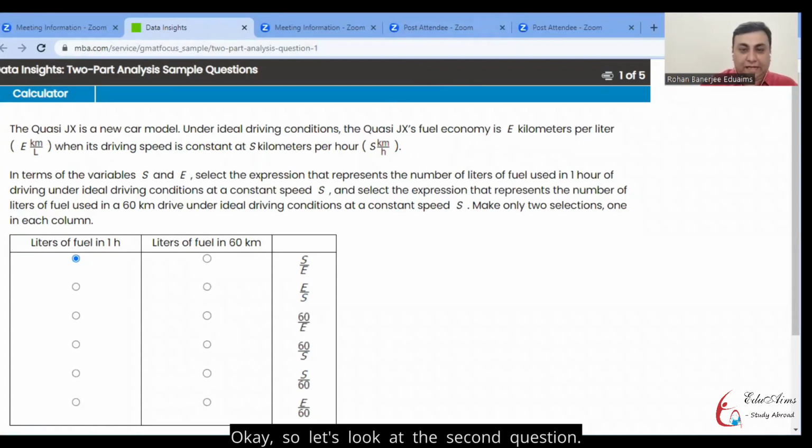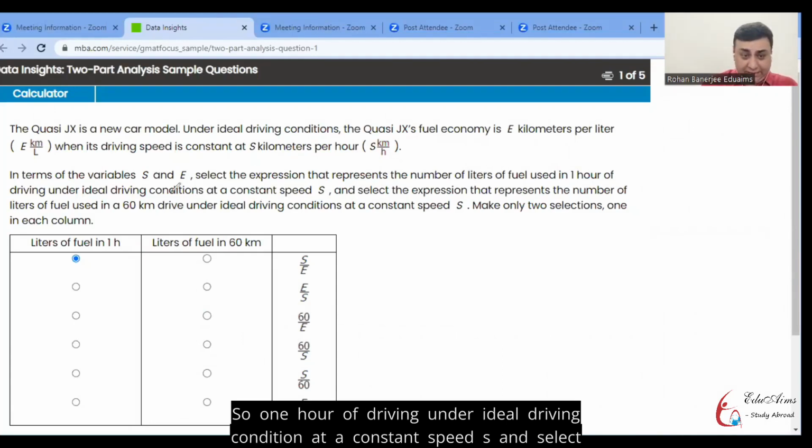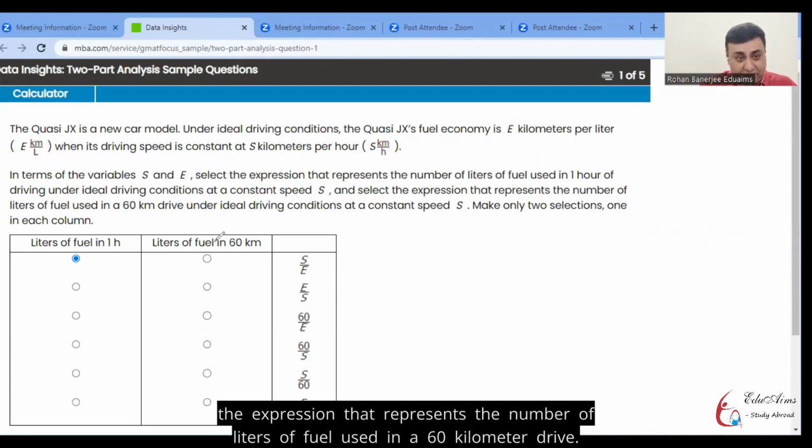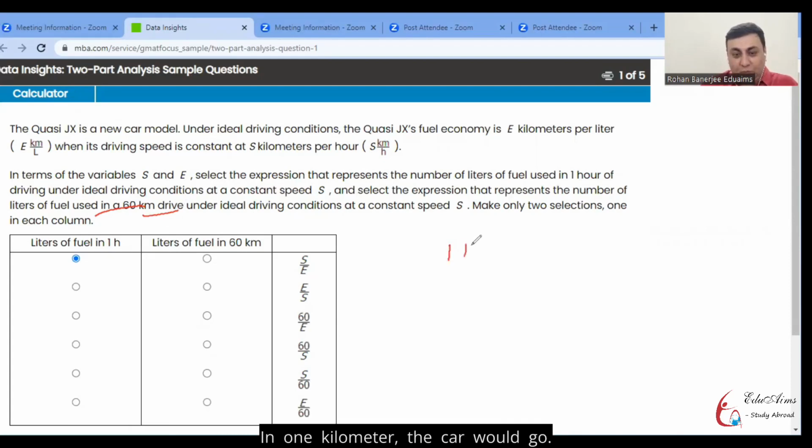Okay, so let's look at the second question. Select the expression that represents the number of liters of fuel used in a 60-kilometer drive. Okay, that's pretty easy because we know for 1 kilometer, the car will take 1 by E liters of petrol.